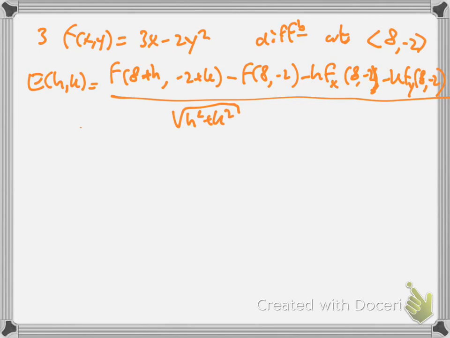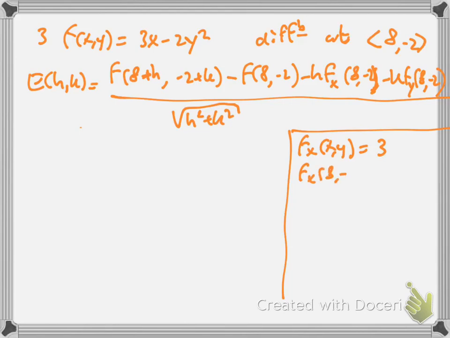Okay, so there's a couple of things we need. We need the partial derivatives. So let's compute the partial derivatives. f_x in the point (x,y) is equal to, differentiating this with respect to x will just give me 3. So f_x in the point (8, minus 2), I replace x and y by 8 and minus 2, but I will still get 3, right?